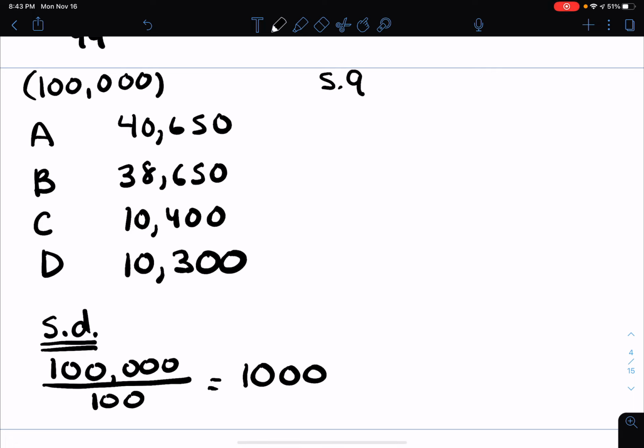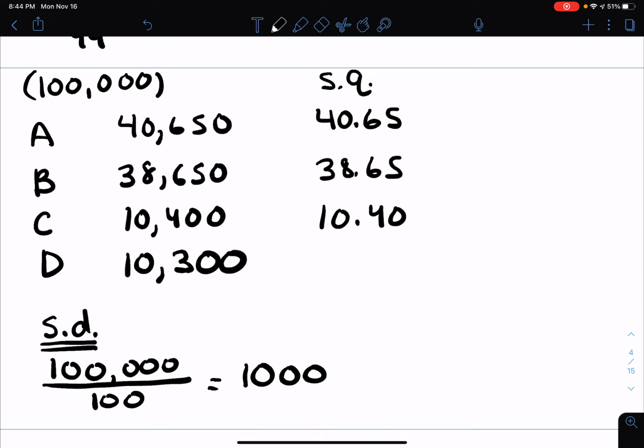All right, so our standard quotas, if we divide 40,650 divided by 1,000, we're going to get 40.65. Just move your decimal place 3 places to the left. For state B, we're going to get 38.65. State C, we're going to get 10.40. State D, we're going to get 10.30.